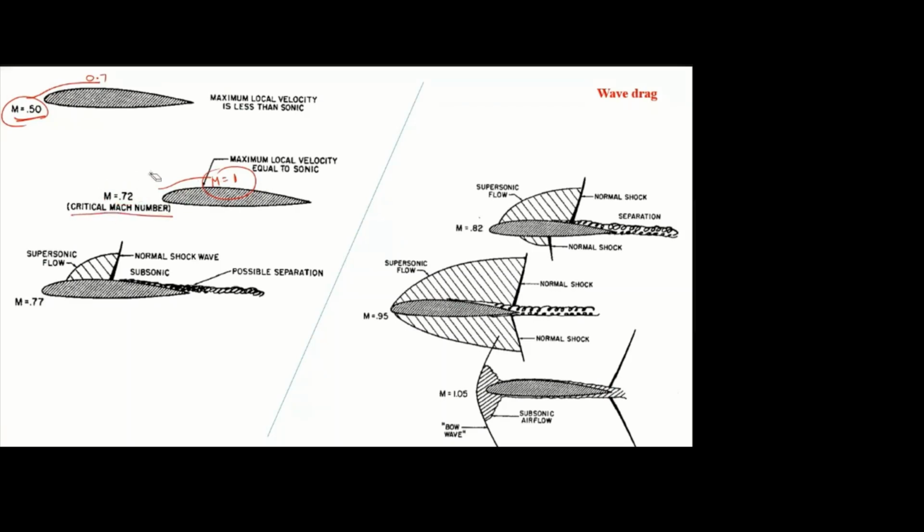For example, if this is the 62012 airfoil, then Mach number 0.72 is the critical Mach number for this airfoil. At this Mach number we will get the sonic flow. And if you further increase the Mach number from 0.72 to 0.77, here it already reached 1. So here it may reach 1 or 1.1 or 1.2, something.